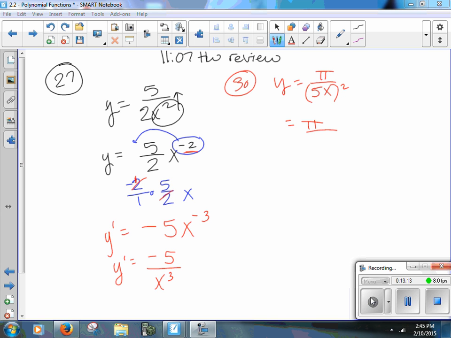What do you do when you have quantity squared? You distribute it. Distribute the power, so 5 squared is 25. X squared is, of course, x squared. And then what? Take the x squared to the top. Yep. And what will I write? X to the negative 2. All right, now go. Tell me what to do. Will you come up here and do it, and I will take notes on your paper.